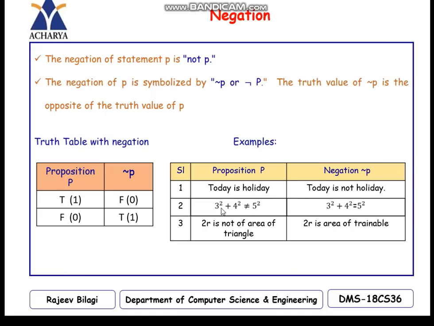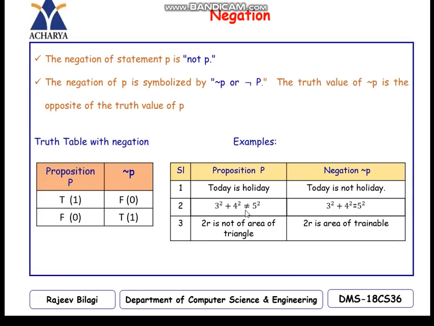Another one, I can write 3 square plus 4 square is 5 square. So the negation of this is 3 square plus 4 square is not equal to 5 square.